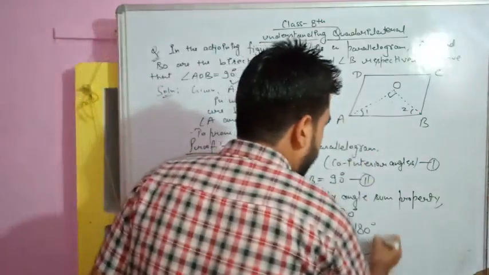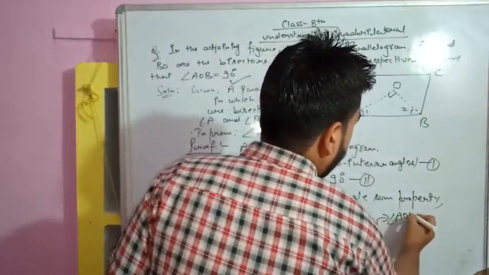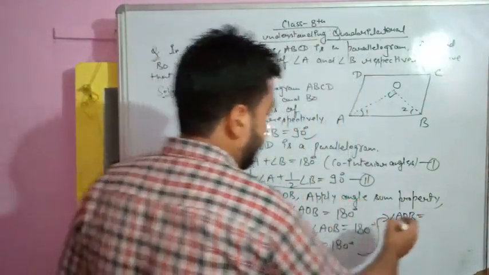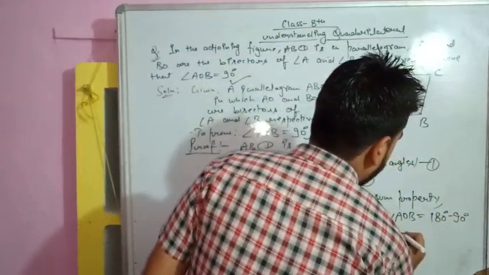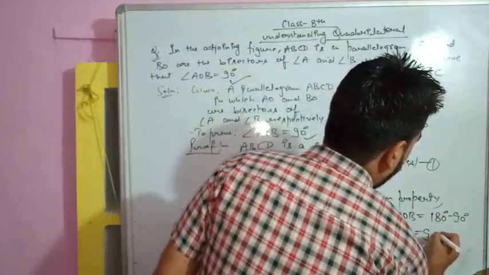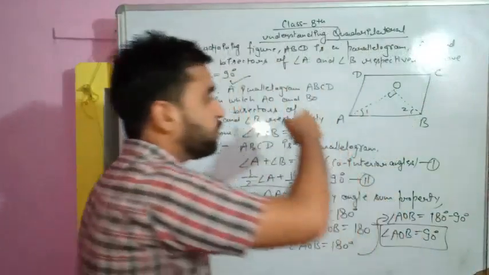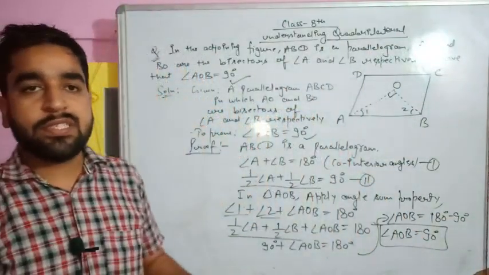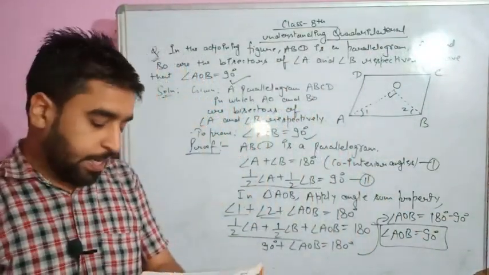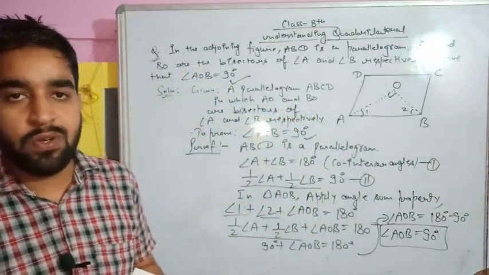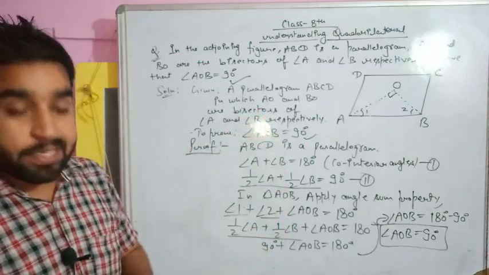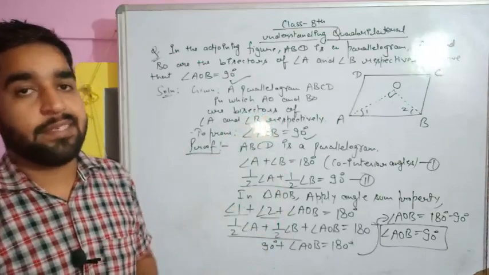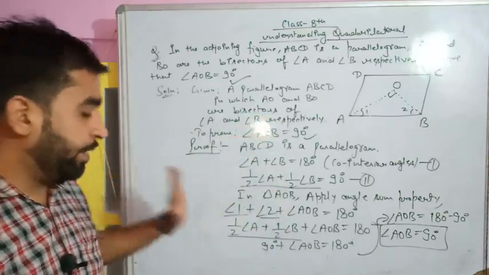So angle AOB will be 180 minus 90, and angle AOB will become 90 degrees. So this is what we needed to prove. This is how we can do such kind of questions, and this was a very important question, let me tell you. In fact, this is included in the class 9th NCERT book, but it is given as an extra question in your RS Aggarwal book. That's why we have solved it.